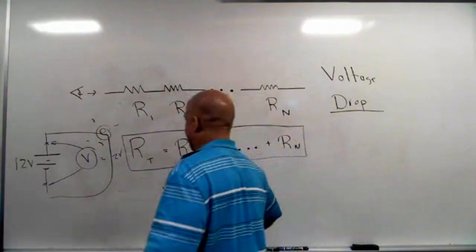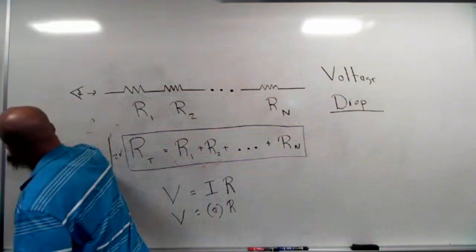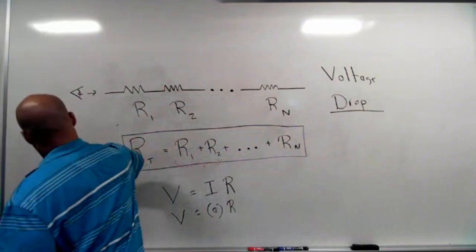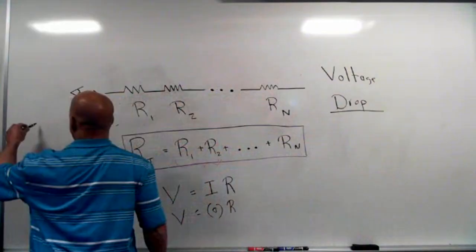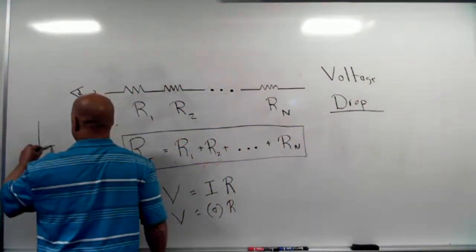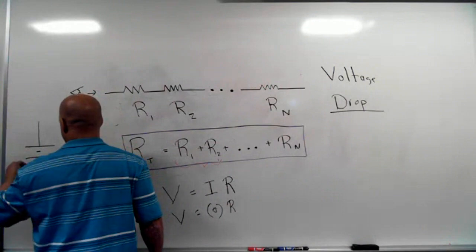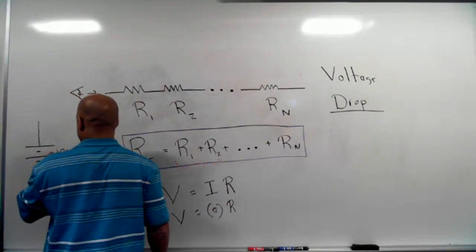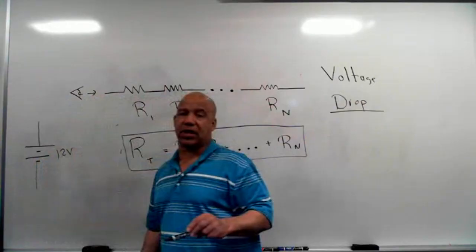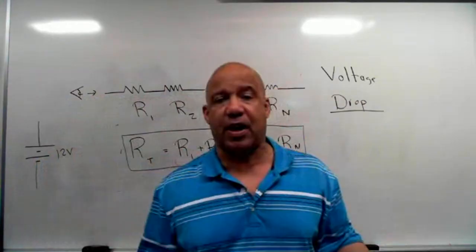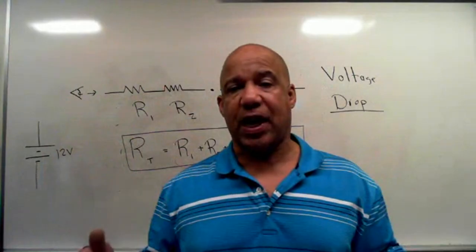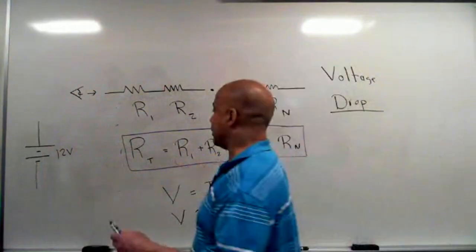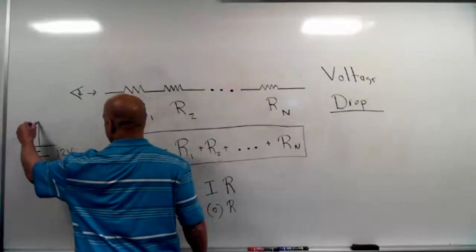Let me show you one more thing about voltage drops. Let's say I have that same 12-volt battery, and I take two resistors. It really doesn't matter what value they are, but all I know is they're the same value. I connect them in series and connect them up to the battery.